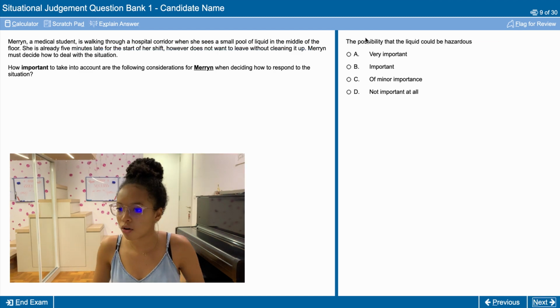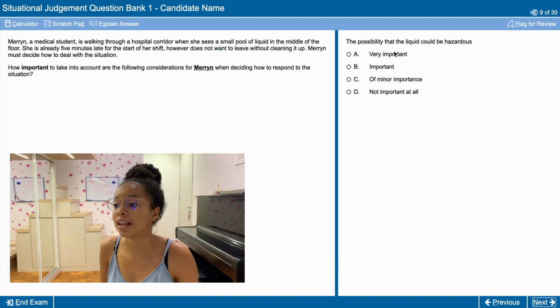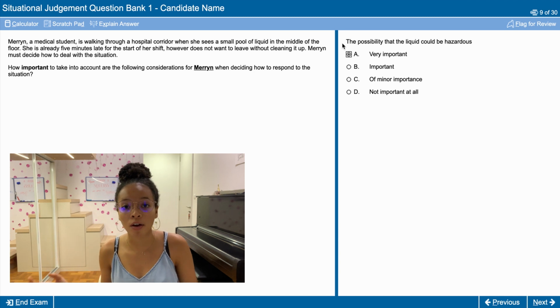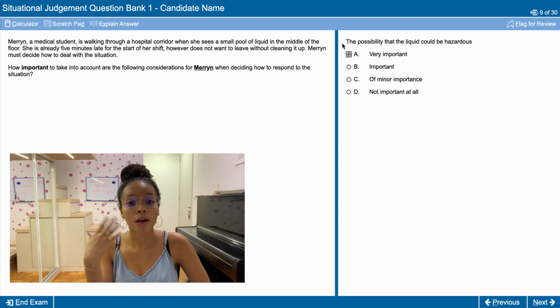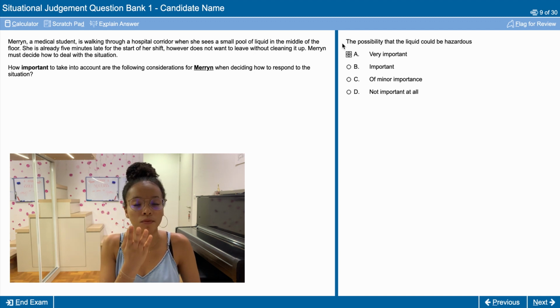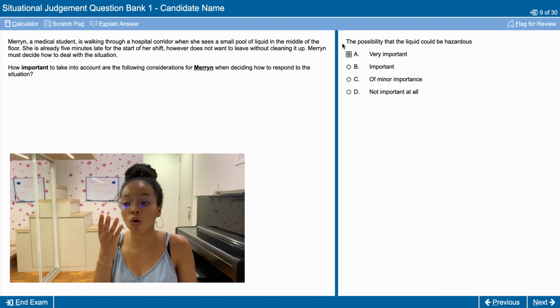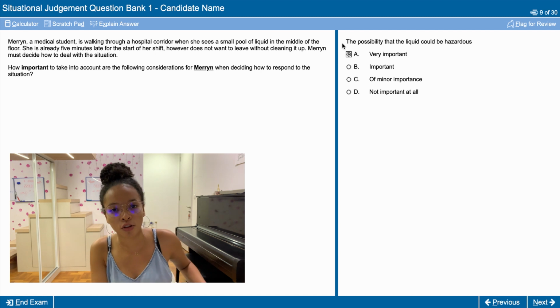The next course of action is the possibility that the liquid could be hazardous. Again, that's something very important to take into consideration, because if you have hazardous liquid lying around, this could harm the patients who, as they said, have reduced mobility, impaired vision, and stability problems, but it could also hurt the staff who are supposed to cater to the patients.